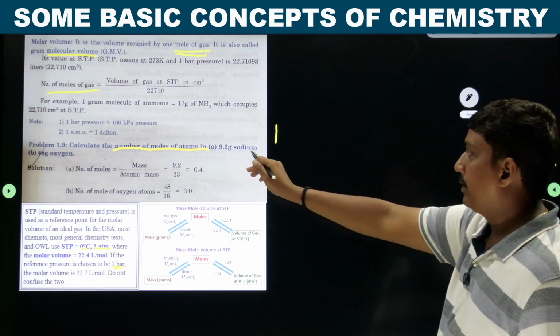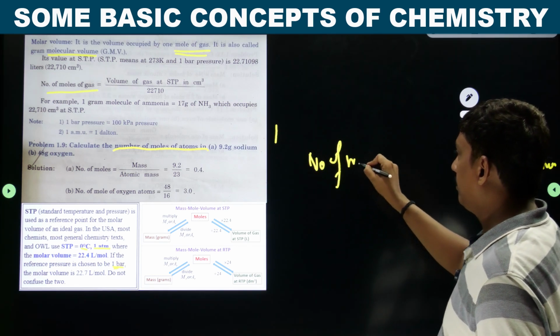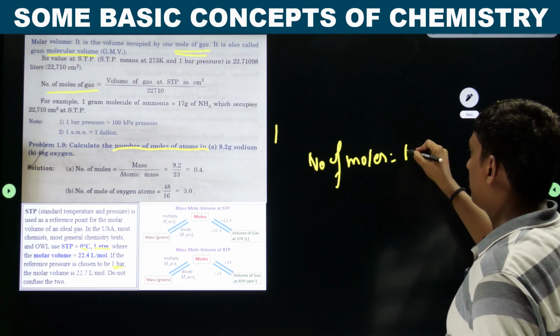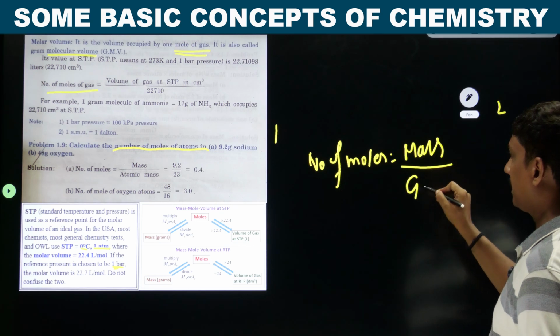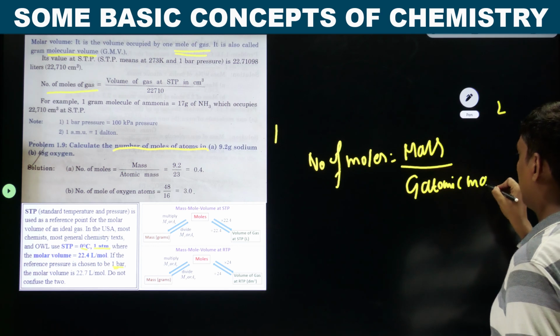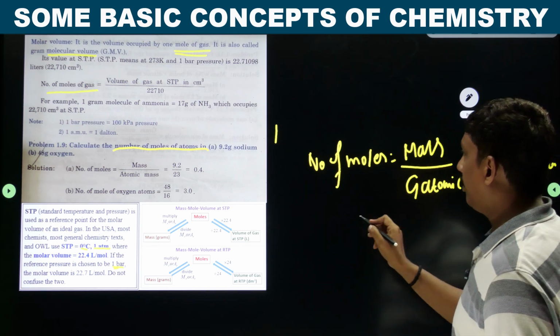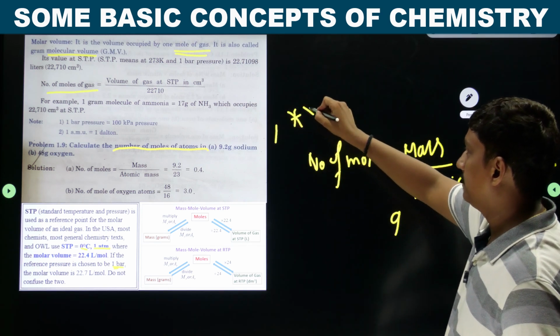So take sodium. Number of moles is equal to mass of the substance divided by gram atomic mass, being it is an atom. How much mass of sodium is given? This is very important.